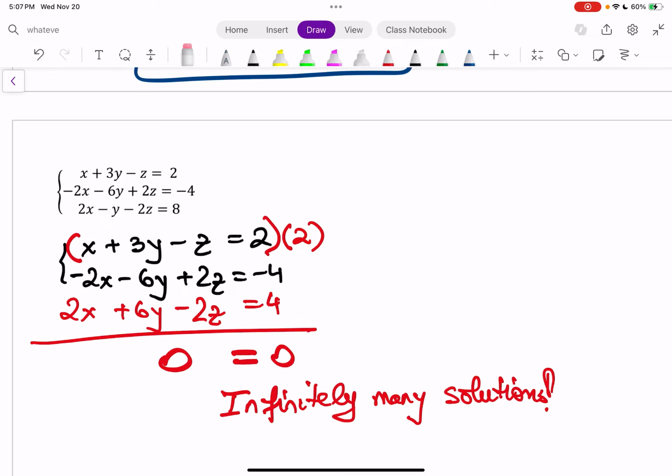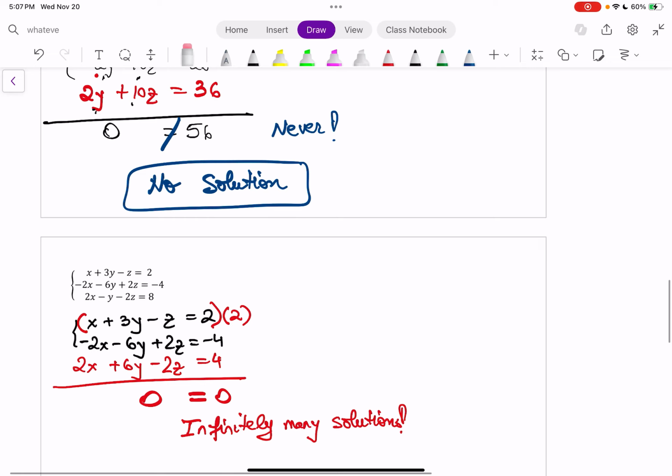As soon as you get to a 0 equals something that's non-zero, you can stop. That's never going to happen. And if you end up with a 0 equals 0, that means infinitely many solutions, as you actually are only given 2 equations but 3 variables. Okay, so we're done.